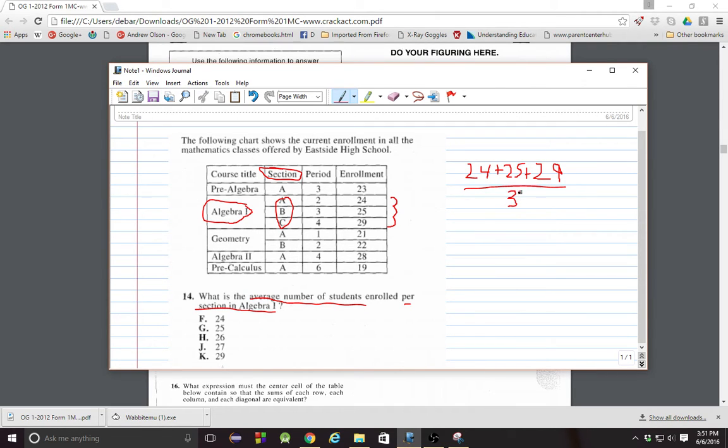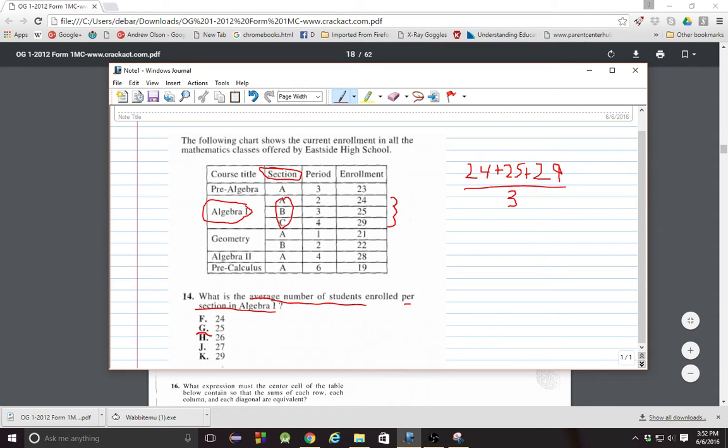And using a calculator, if you want one, if you don't want one, you can do that in your head. And when you divide that, 78 divided by 3 is 26. So the answer we get is H, 26.